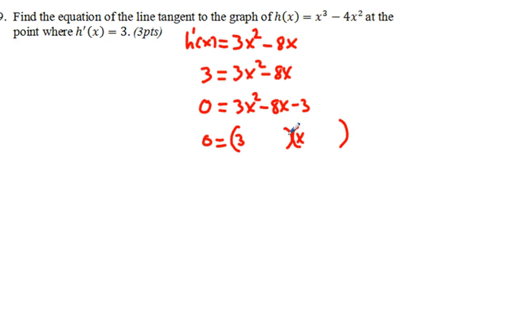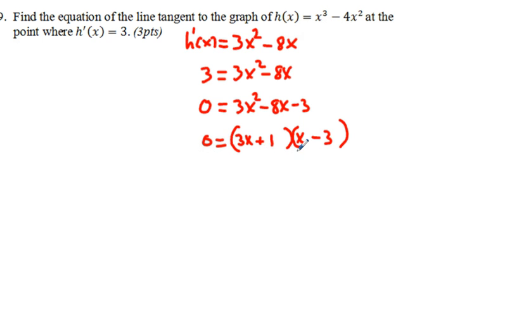Let's see. 3x times x. Well, if we put negative 3 here, x minus 3, we're going to end up with negative 9. And if we put plus 1, we're going to get this type of relation.